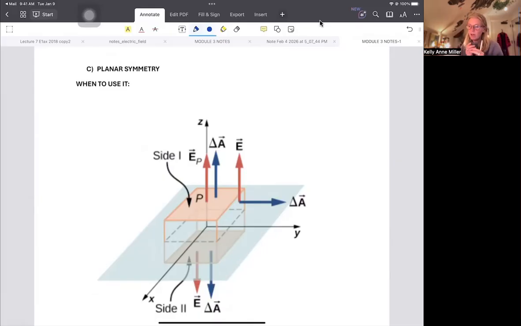You use this when the charges are uniformly spread over a large flat surface, like an infinite plane, and the field points away from the plane.